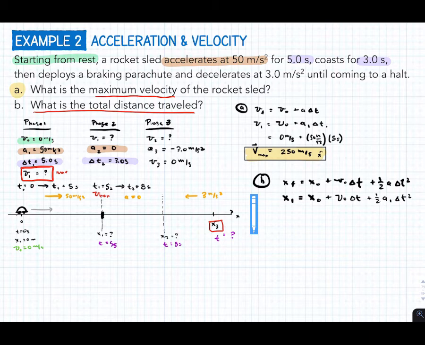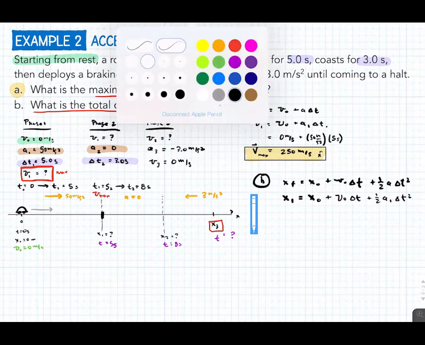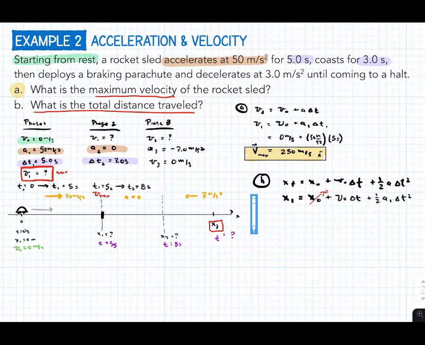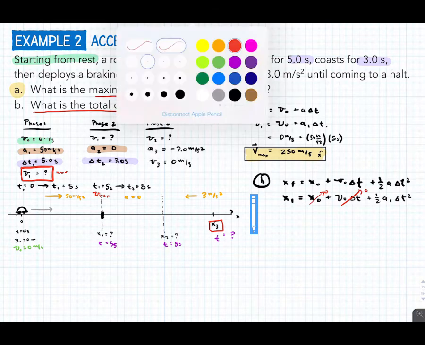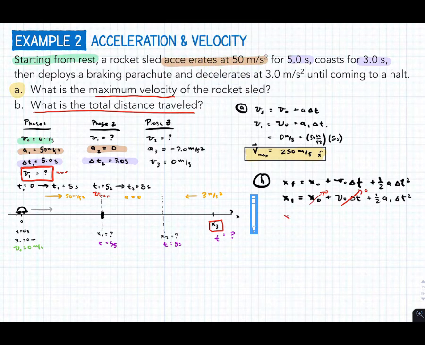So we know that this is simple because the initial position is 0, right? What about velocity? Also 0, right? So when we actually write this out, x1 should be equal to 1/2 a, which is 50 meters per second squared, times 5 seconds squared.